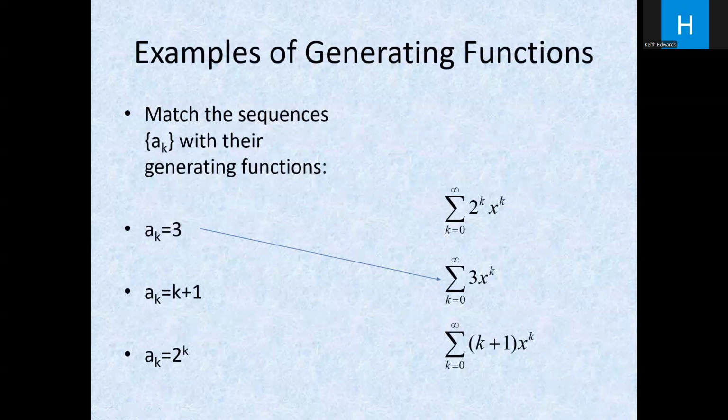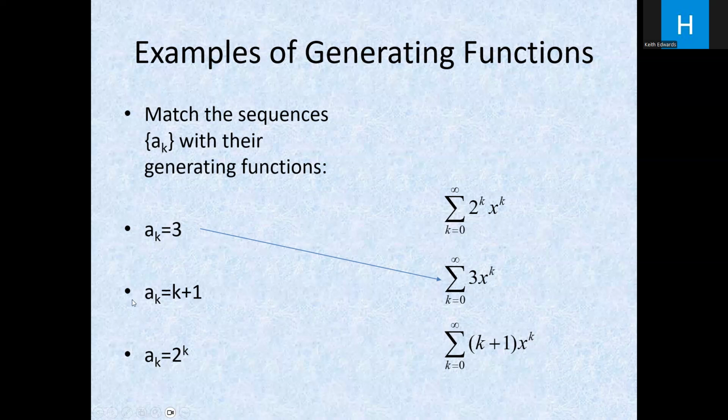So here are some examples. Match the sequences A sub k with their generating functions. A sub k is equal to 3. Well, obviously, that's just going to have 3 as every coefficient. So that matches up to the sum from 0 to infinity of 3 times x raised to the k. And in general, for this one, each coefficient is going to be 3.